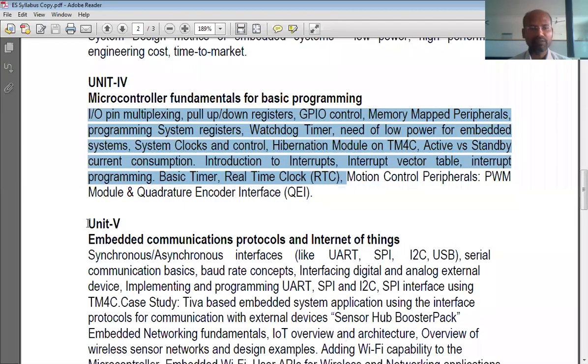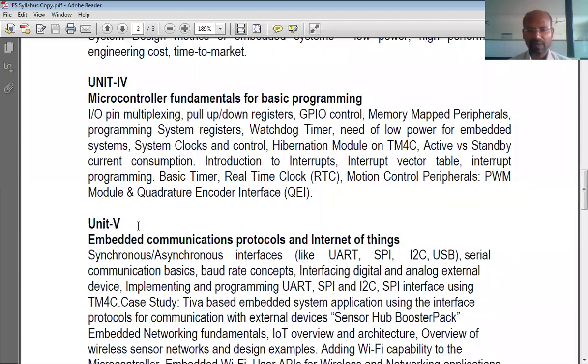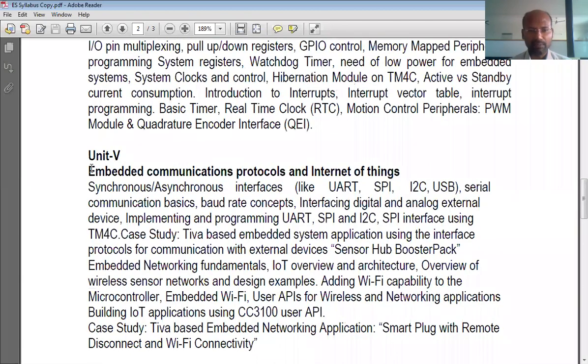Next, unit 5. Unit 5 is about embedded communications, communication protocols, and Internet of Things. Communication means how to transfer the data from your embedded system to another embedded system or to the computer for further processing or for storing.